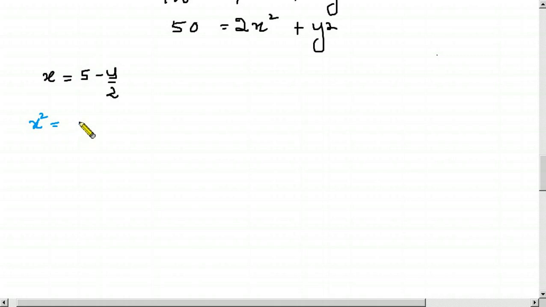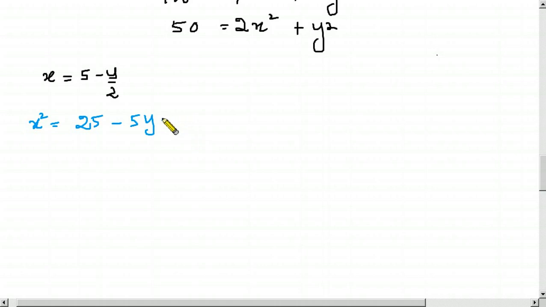So a squared, 5 times 5, 25, minus 2ab. 2 times 5 is 10, 10 times y divided by 2 means 5 times y, but the sign is minus.